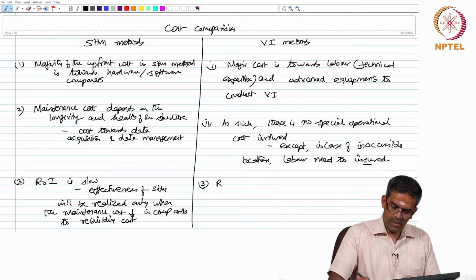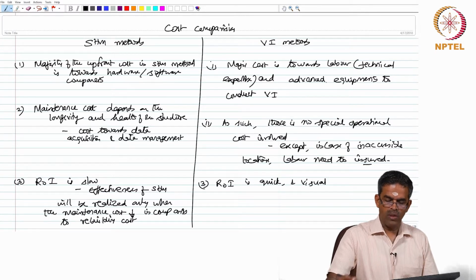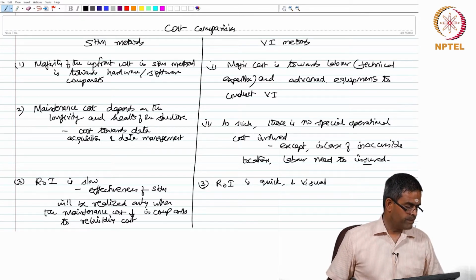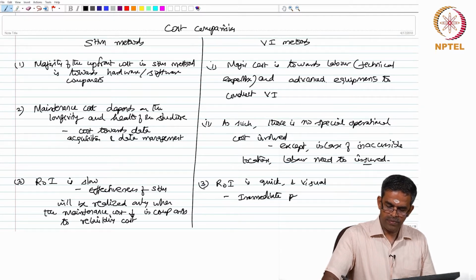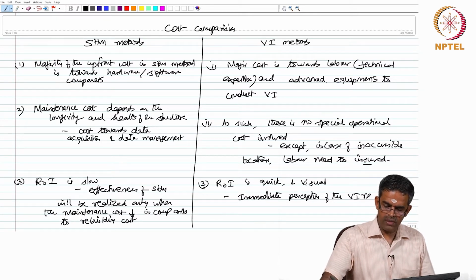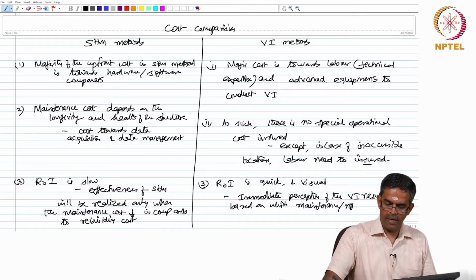In visual inspection, the return on investment is quick. This is due to the fact that there is an immediate perception of the VI results, based on which maintenance or repair is initiated.